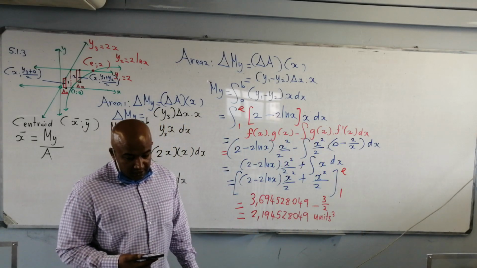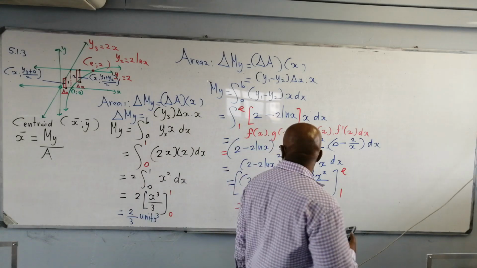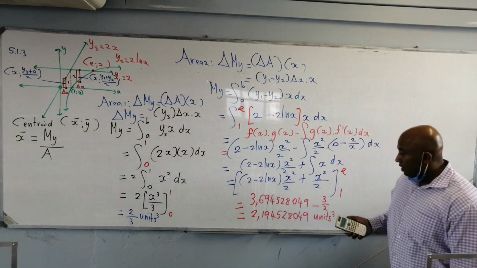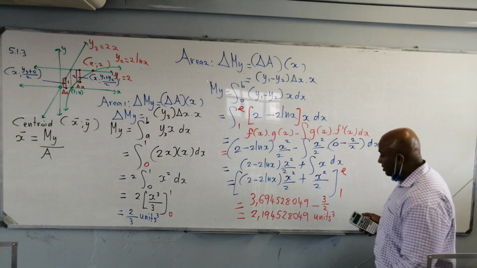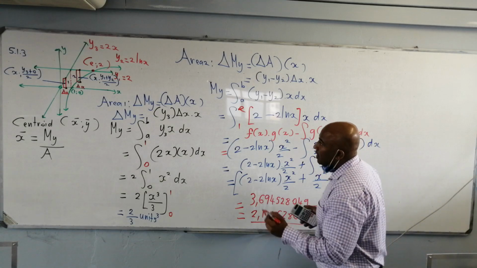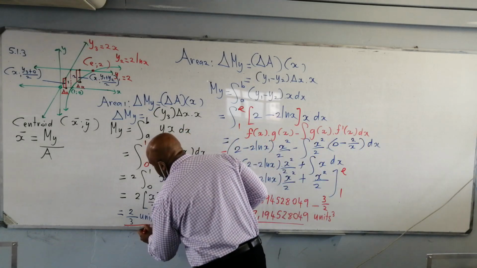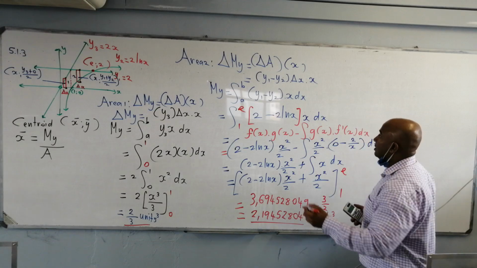So this is the moment for area 2. So this is area 2 moment. This one was area 1 moment. So we need the total.